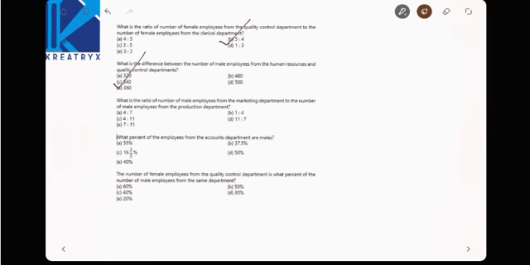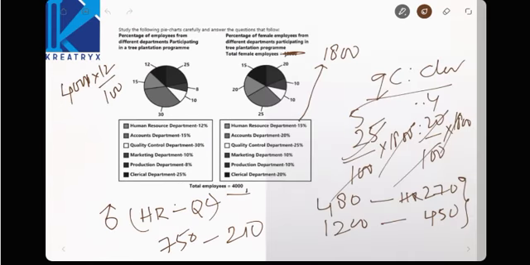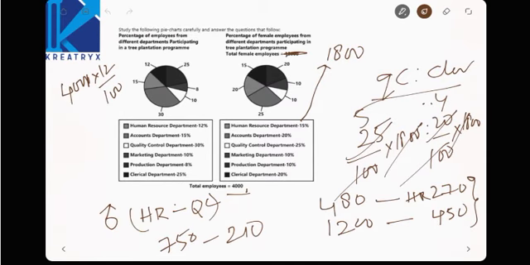Now, what is the ratio of the number of male employees from the marketing department to the number of male employees from the production department? It seems a similar case, marketing and production. So how many are there in marketing? 10% members are there, means 400 total members.